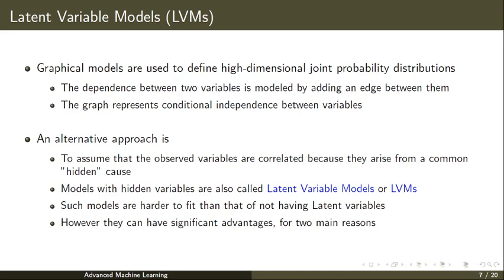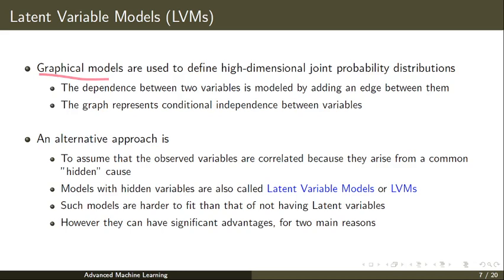Latent variable models, as we have told, are another approach. Usually high dimensional joint probability distributions are represented by using graphical models in such a way that the dependence between two variables is modeled by adding an edge between them. It's represented as a graph.